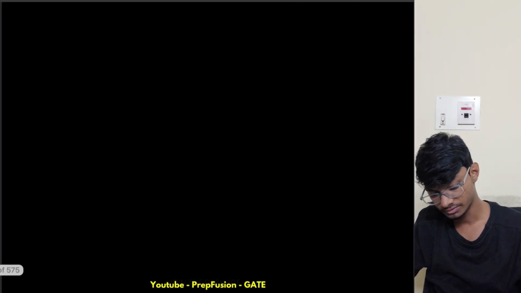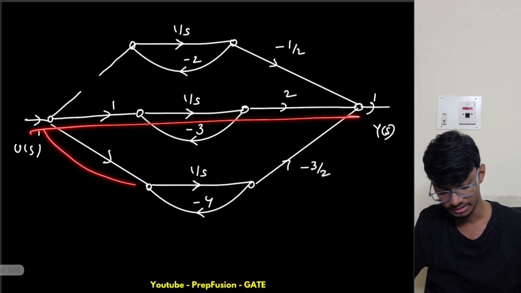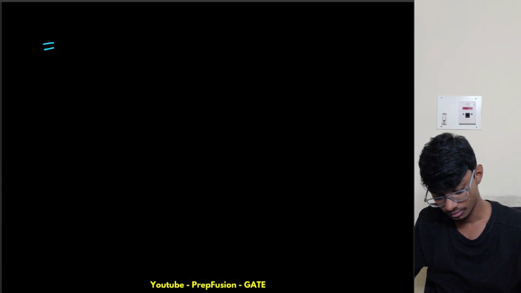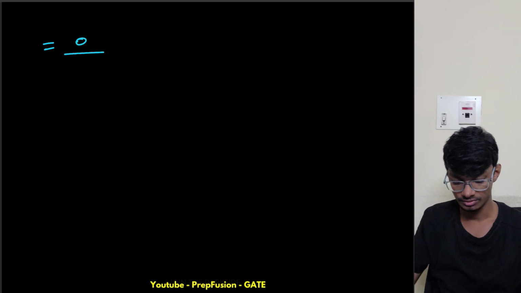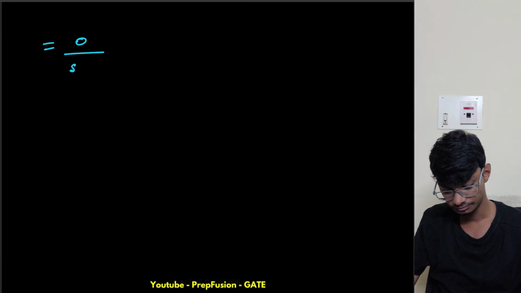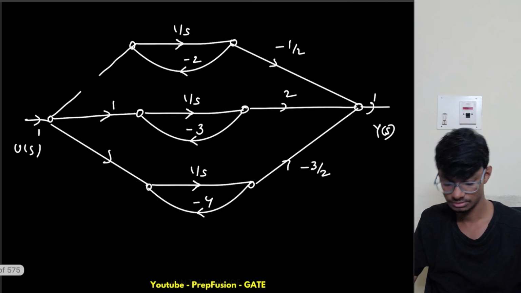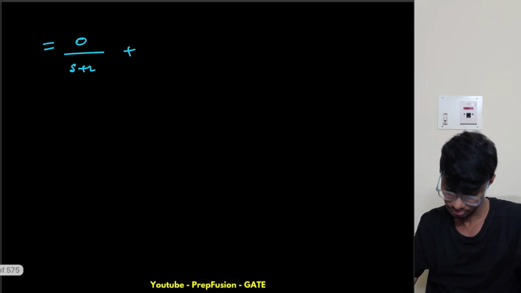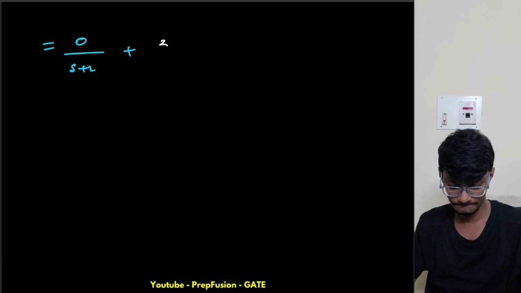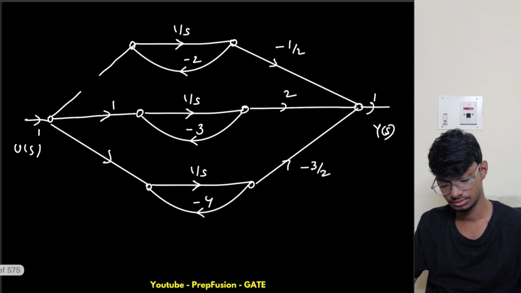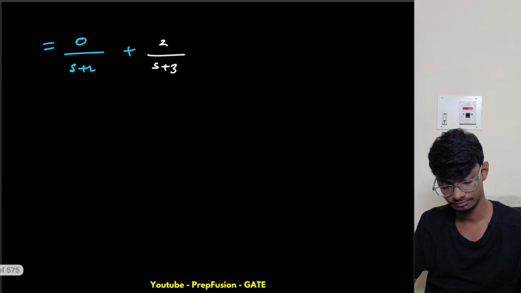So what will be my transfer function? This will be one of the forward paths and this will be the other forward path. This path is 0 only, so the path for the 0 path will be 0 by s plus 2, plus 2 by s plus 3, and this is minus 3 by 2 by s plus 4.